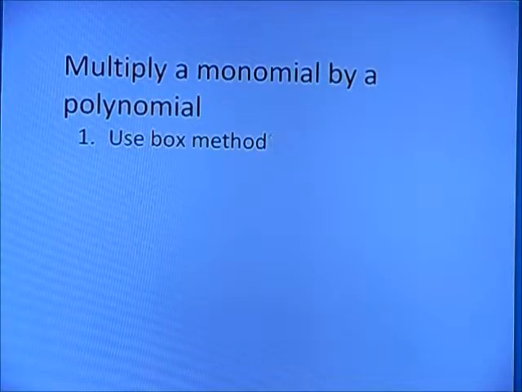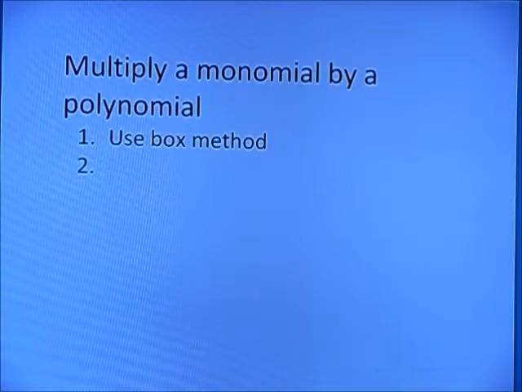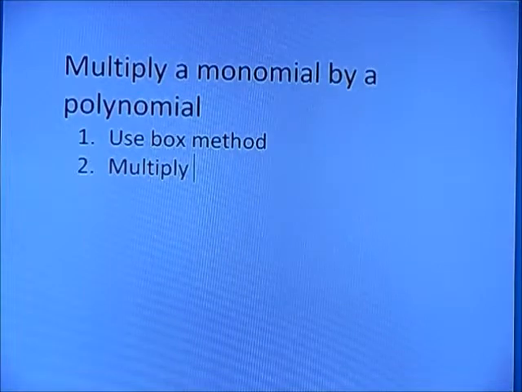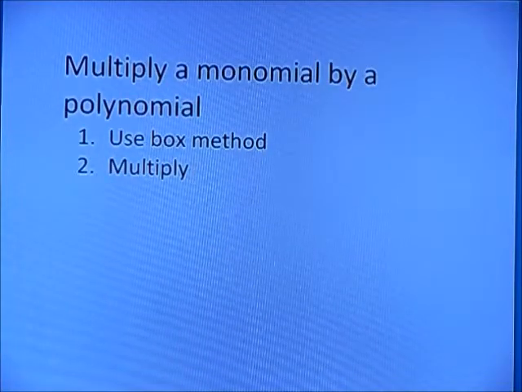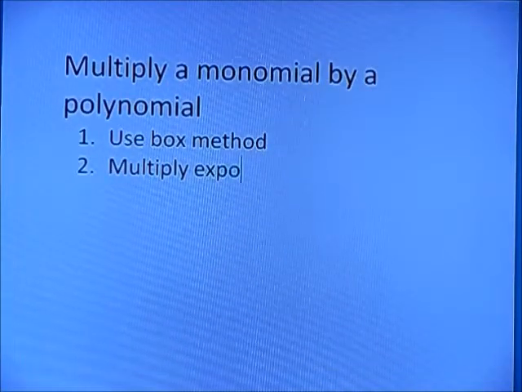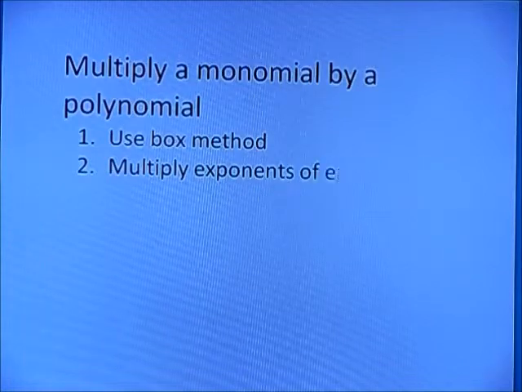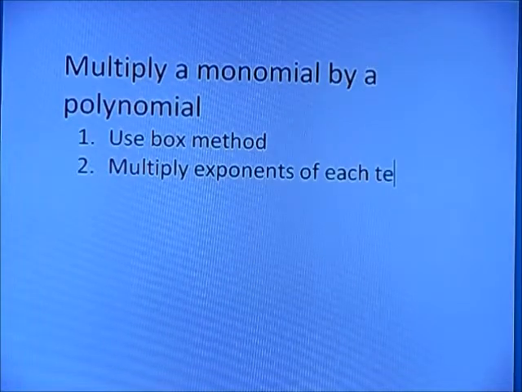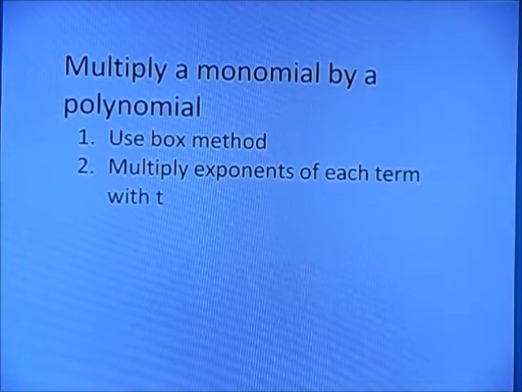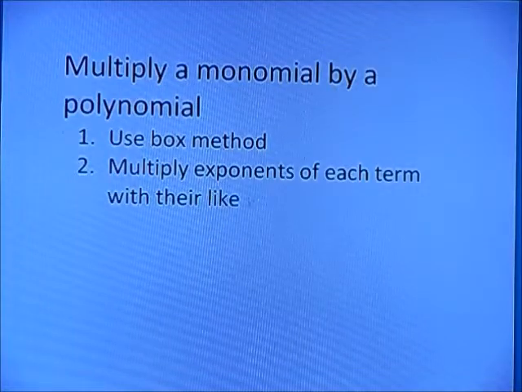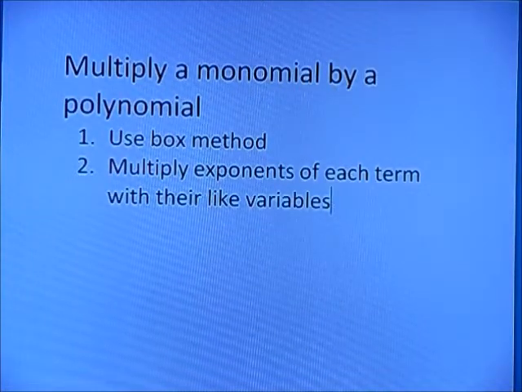Might have learned it in 7th grade, but this is just sort of review. So use the box method. Number 2 is multiply exponents of each term with their like variables.